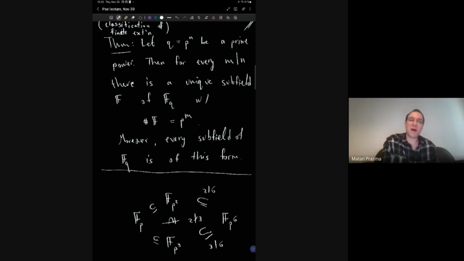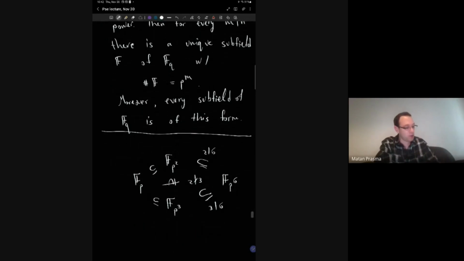The notion of a prime polynomial is intimately related to the field over which it is defined. So I could have a polynomial f(x) which is prime here, but here it may not be prime, right?